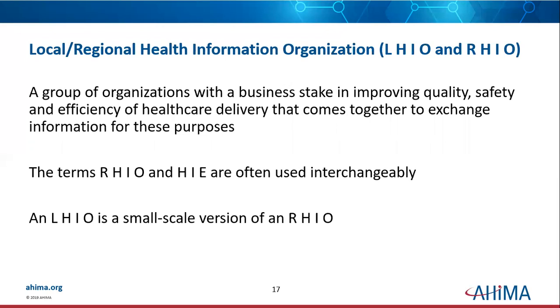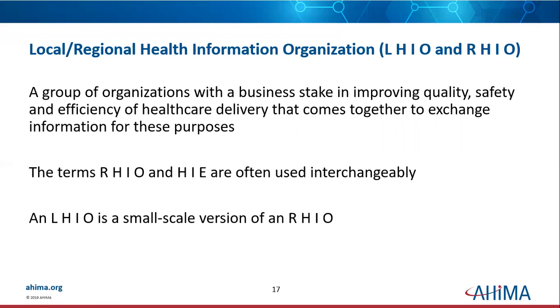All right, there are local health information organizations in terms of HIE, and then there are regional health information organizations. So a group of organizations with a business stake in improving quality, safety, and efficiency of healthcare delivery come together to exchange information for these purposes.